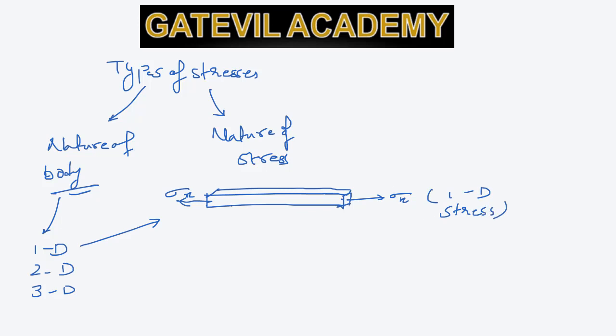Now let's see what are two dimensional stresses. When two dimensions of an object are large as compared to the other dimension, as in the case of a plate, where the thickness of the plate is very small as compared to the other two dimensions, length and breadth, then the stresses acting along the length and the breadth of the plate are nothing but two-dimensional stresses.